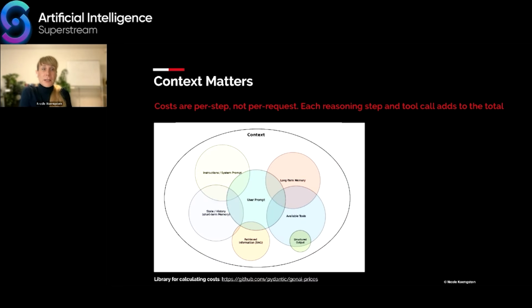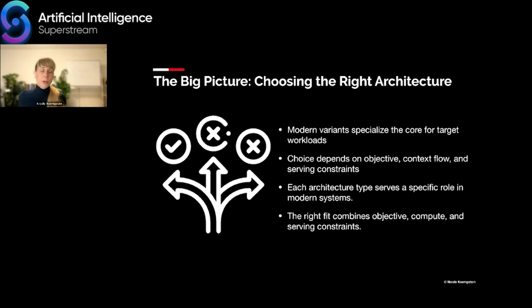Given that, context matters, not only for your model and your agents to perform better, but also for your costs. Costs are per step, not per request, and each reasoning step and tool call adds to the total. So this is just an overview of what is all involved in that. It's really about getting the bigger picture.